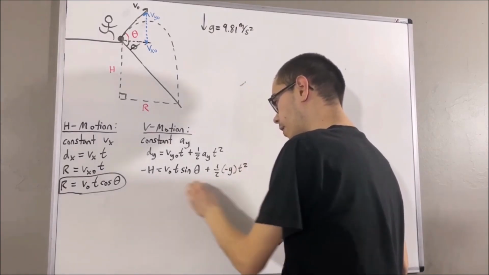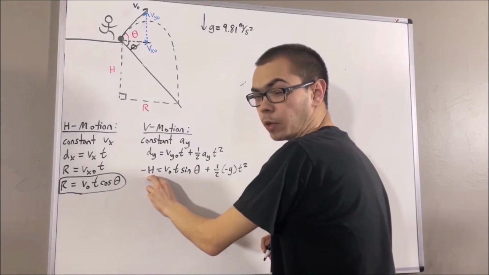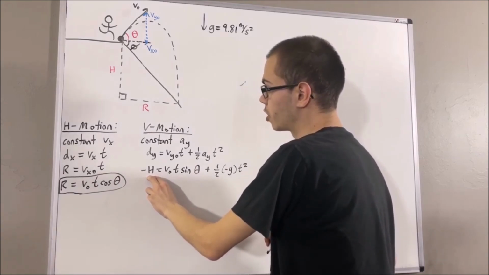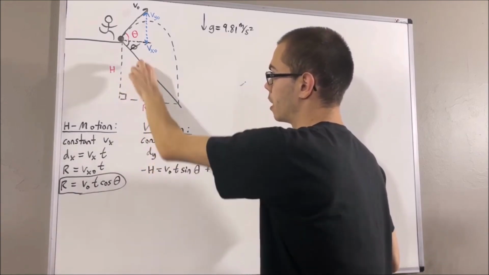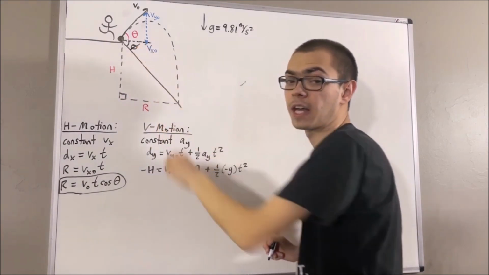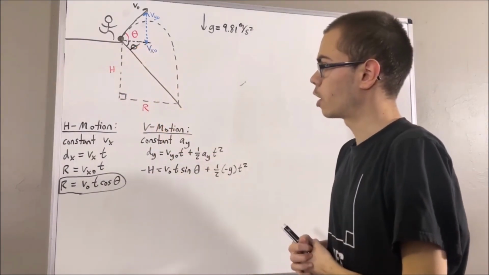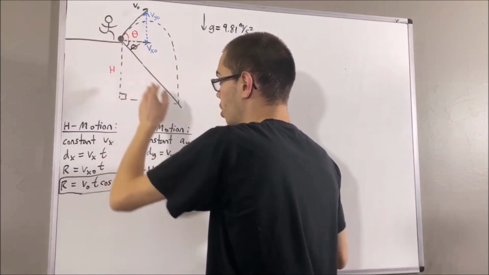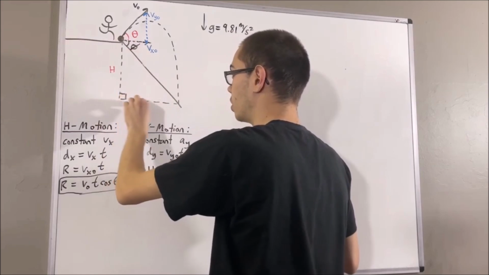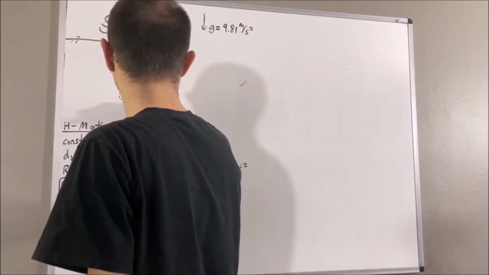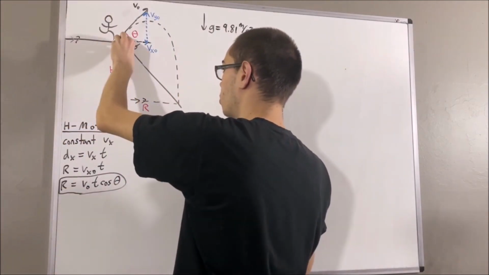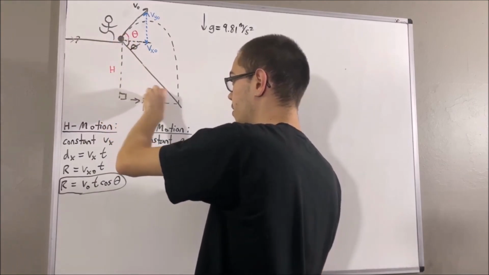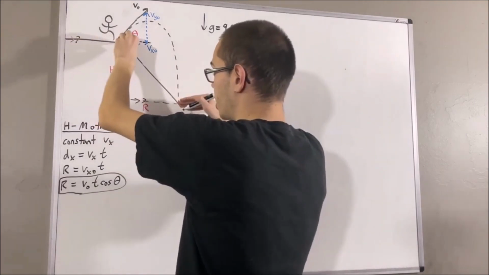Now, we can actually re-express h in a different way as well. Using trigonometry, we can express h in terms of r and the angle of the hill, phi. Now, this triangle is drawn so that these two lines are parallel, because really this is a horizontal line, this is a vertical line, this is a horizontal line. So these two lines are parallel.